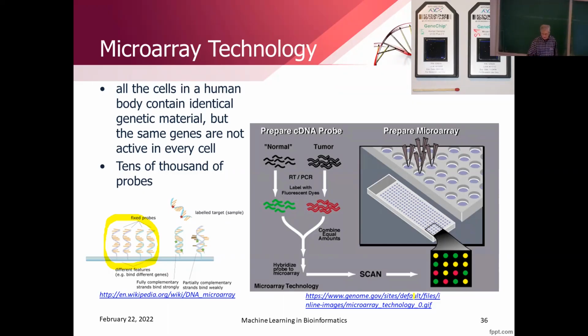As I said, the number of spots on such a chip is several tens of thousands. So it is possible to detect many different fragments of DNA, and it's used for various experiments. So there are special microarrays designed for humans, for mice, and for other organisms.